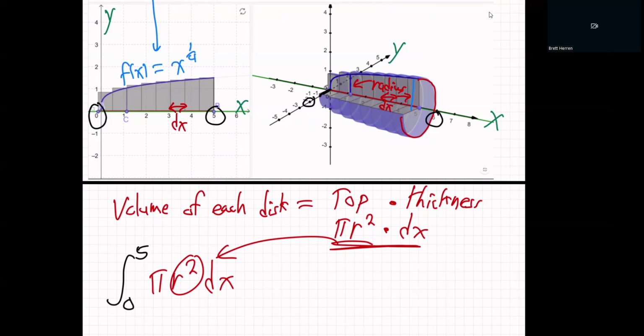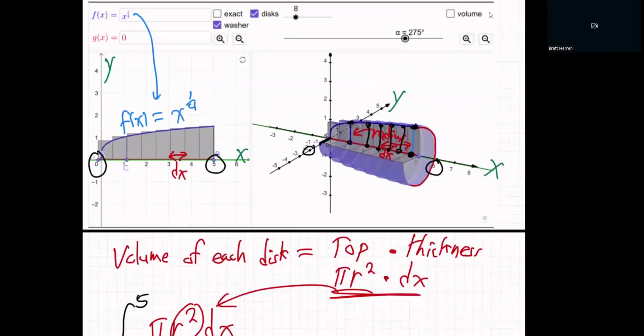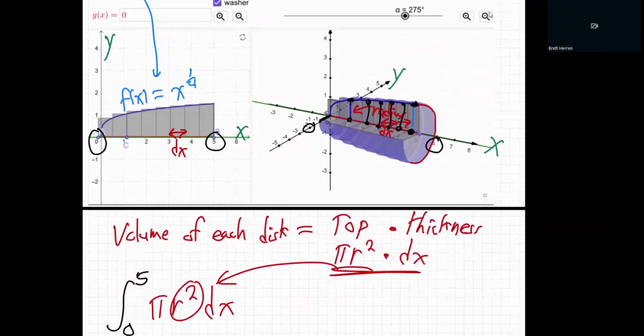What does radius mean? From the middle to the edge. So the radius of a disc, let me erase this bottom part so it looks better, goes from the middle to the edge. For each of these discs, from the middle to the edge, these are all radii. They're getting bigger, right? From the middle to the edge, that's the radius of the disc.